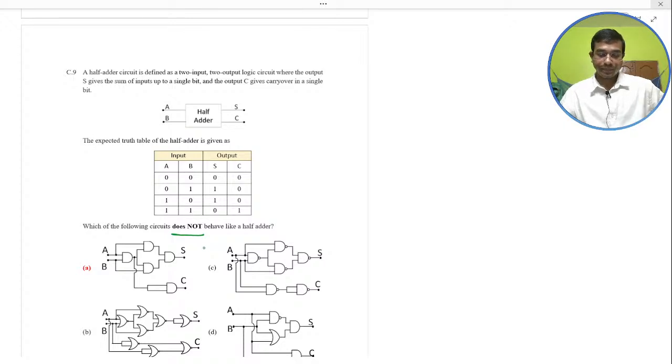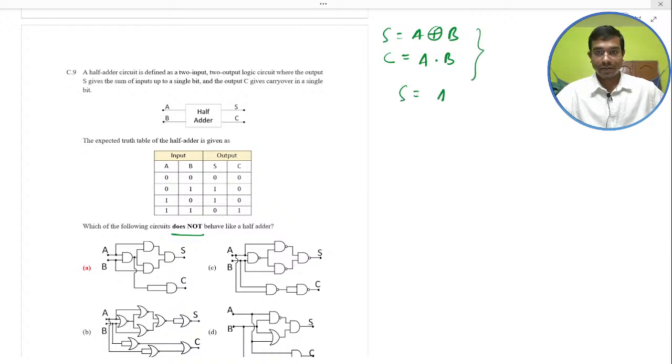So here the sum of a half-adder is what? A XOR B, and the carry of the half-adder, C means the carry, is A and B. But from the configuration of figure A, we get S as AB and C as AB. This we get from the figure.